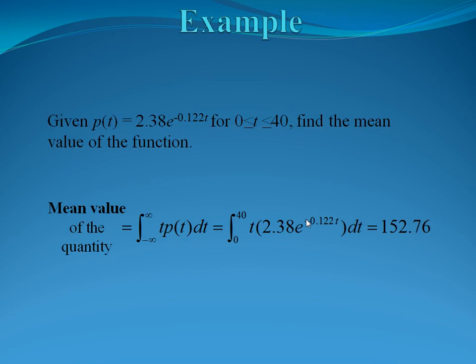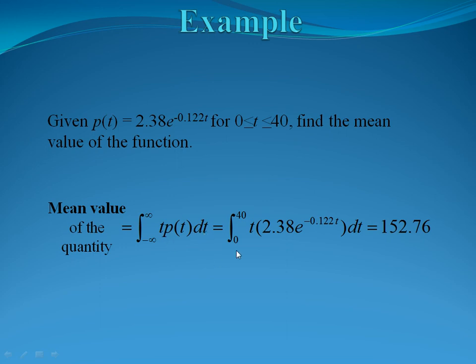Let's look at some examples. Suppose that our PDF is 2.38 e to the negative 0.122t for t between 0 and 40, and we want to find the mean value of the function. Again, our general form is the integral from negative infinity to infinity. Since we're using t's here, it'll be t times our PDF dt.